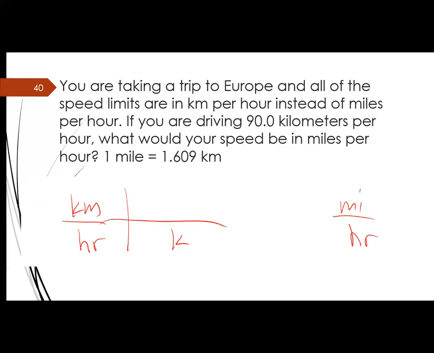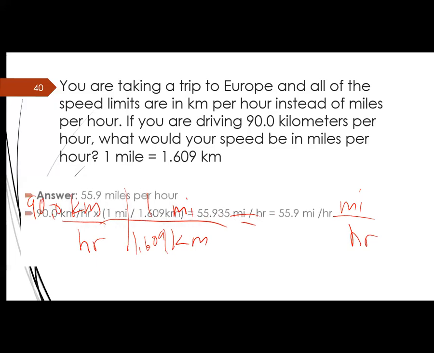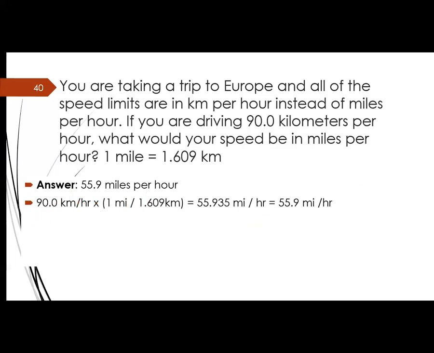So I'm going to put my kilometer down, and I know that conversion into miles. So 1 mile is 1.609 kilometers. I then just need to add in my 90.0, and I can find my answer. And so it should be 55.9 miles per hour.